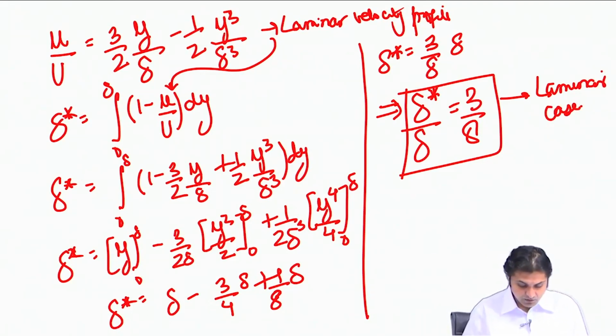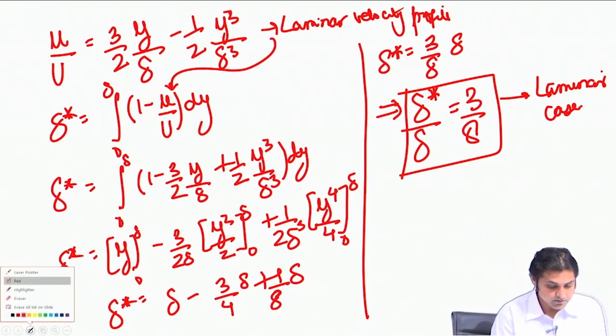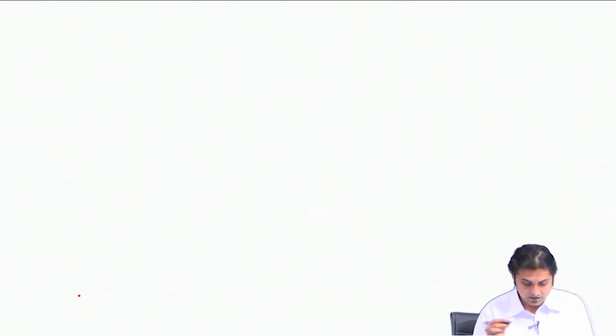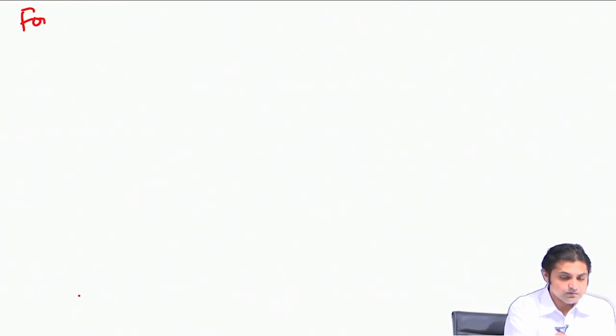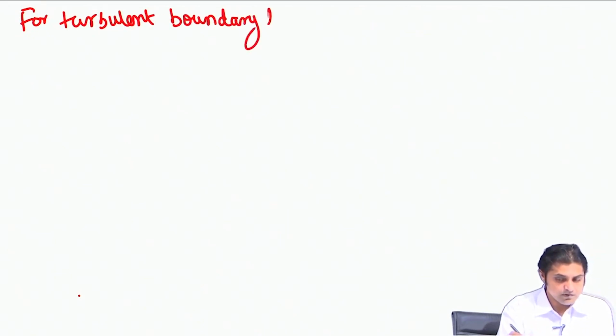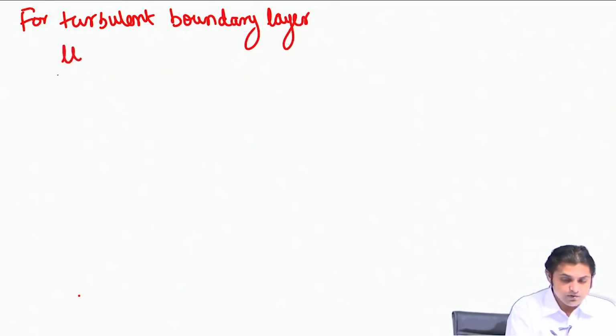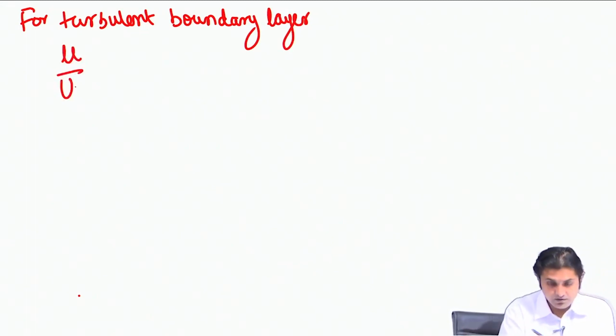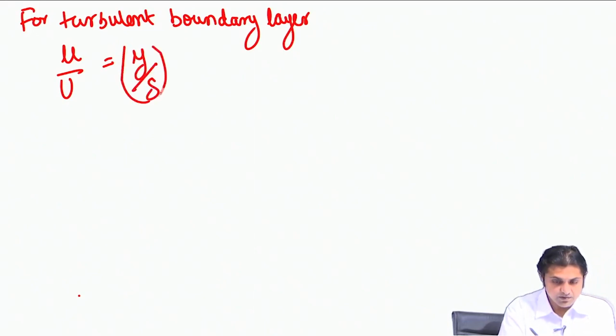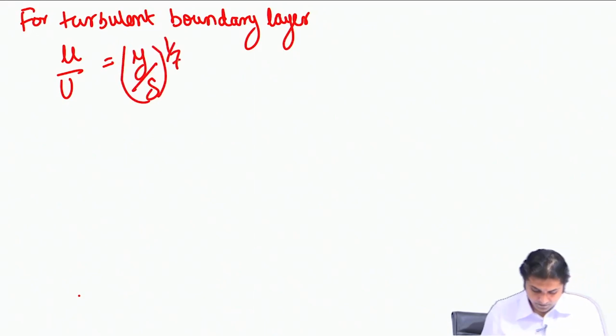Anyways, now we will do it for the turbulent boundary layer. The velocity profile is u by capital U equal to y by delta to the power 1 by 7.